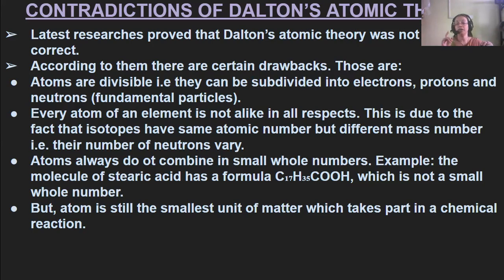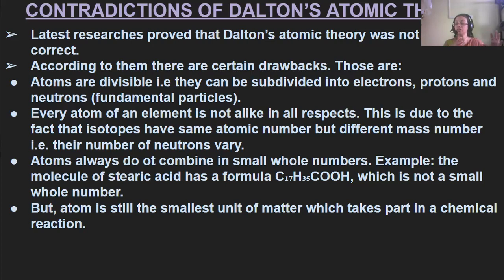Then, atoms do not always combine in small whole numbers. For example, the molecule of stearic acid has the formula C17H35COOH, which is not a small whole number. And according to Dalton, the atoms combine in whole numbers.